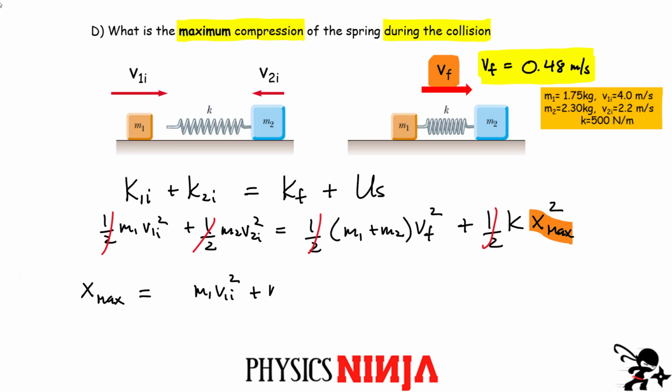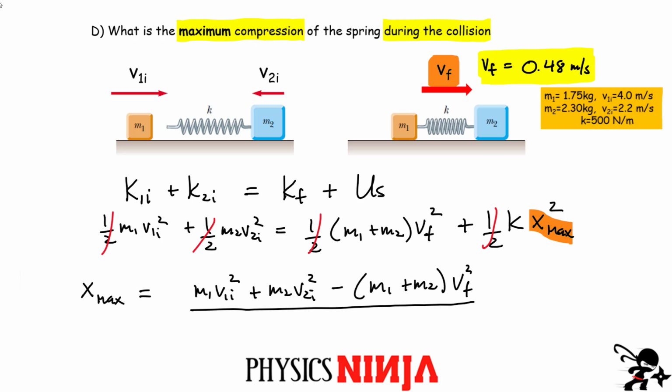The next term was this guy, m2 v2 initial squared, which again, everything is given here in this orange box. I have to bring this kinetic energy term on the other side, so that becomes negative m1 plus m2, v final. And now divide by that spring constant, right? Because that ends up multiplying x max squared. Okay, and at the end, you have to take the root of everything.